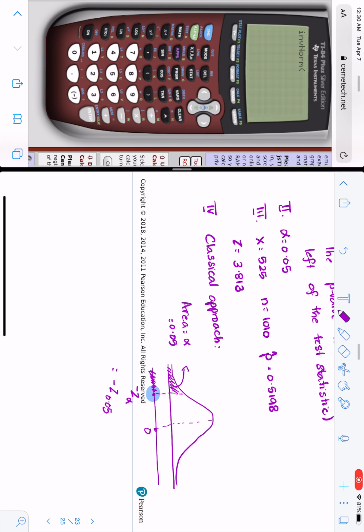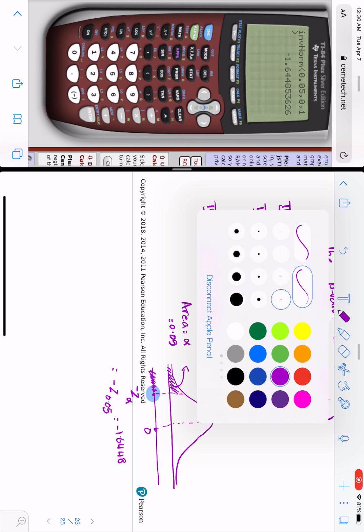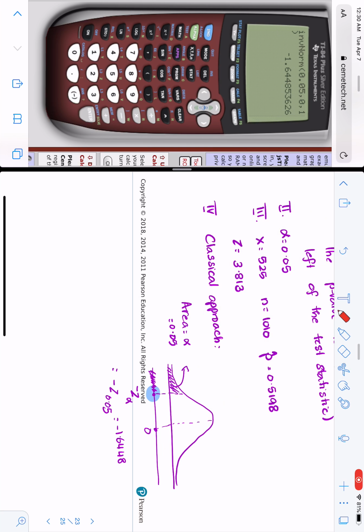So inverse norm 0.05, 0 and 1. So here the critical value is negative 1.6448. But the test statistic is right over here, 3.813.